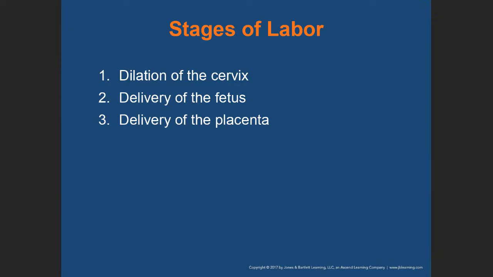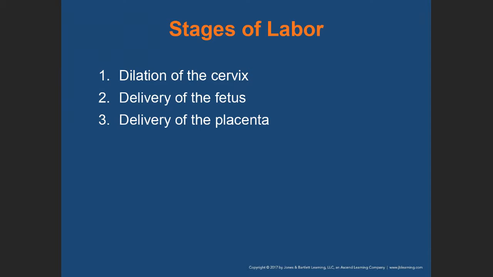When you're studying the stages of labor, you need to think about when the stage begins and when it ends. So stage 1 actually starts with lightning, right? Lightning means the fetus starts to move down into the birth canal. So all of a sudden, the mother is going to be able to breathe better, right?